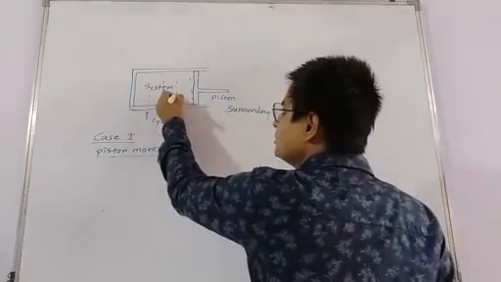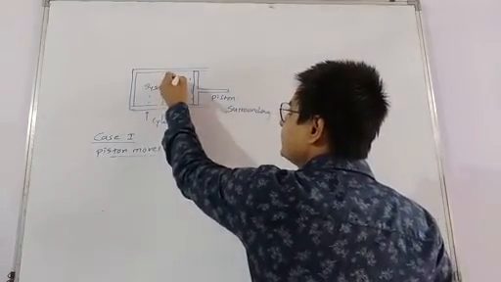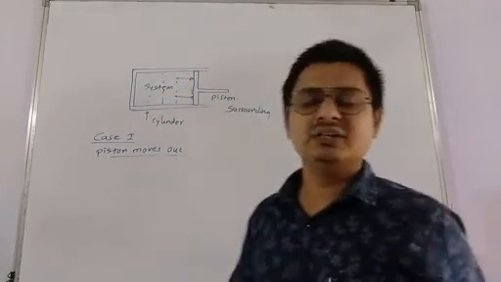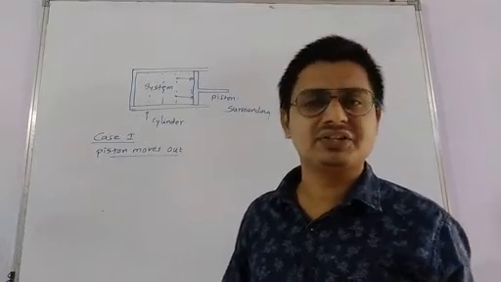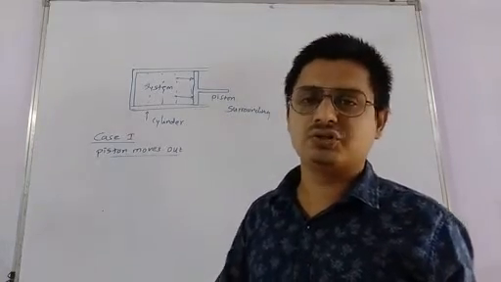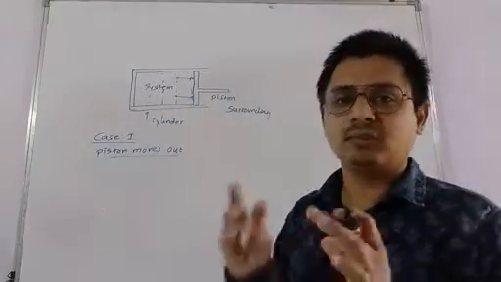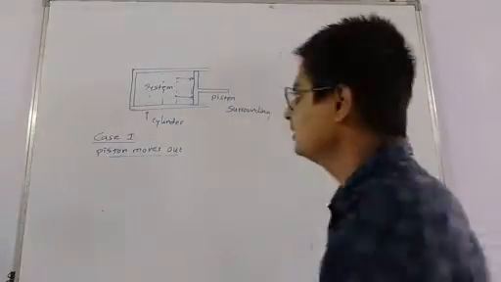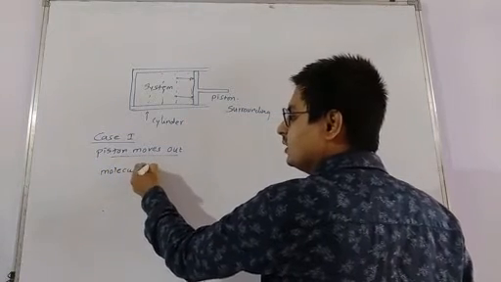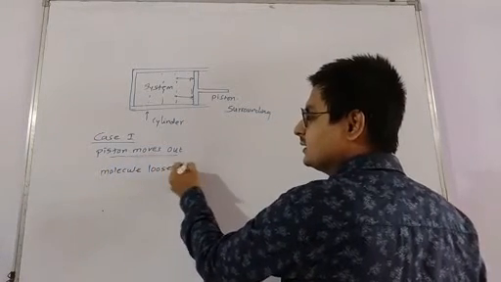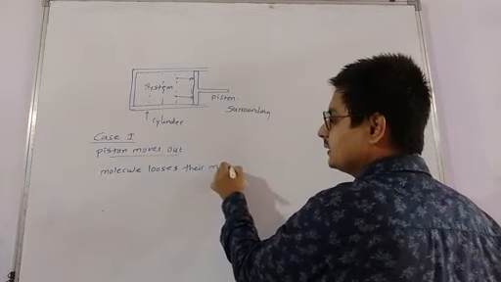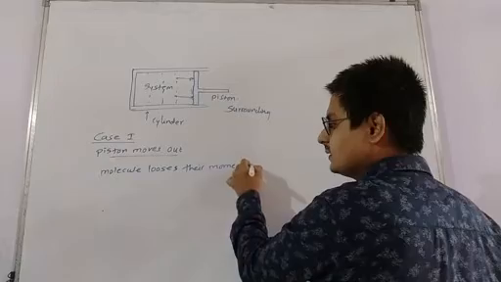When the molecules present inside strike the piston, and the piston is massless and frictionless, whenever there is a push given by the molecule, the molecule strikes the piston and loses its momentum.